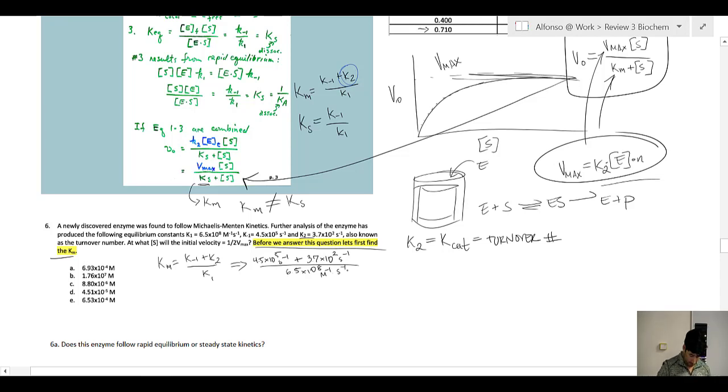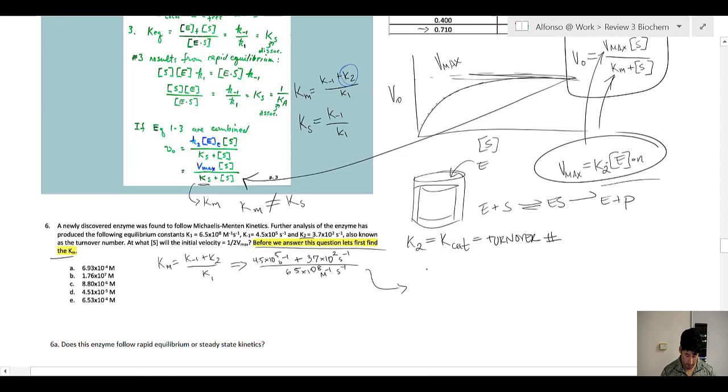Where is my calculator? There it is. Okay, so that is 4.5 times 10 to the 5th plus 3.7 times 10 to the 2nd over 6.5 times 10 to the 8th.